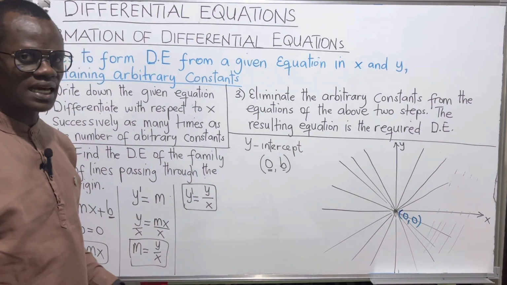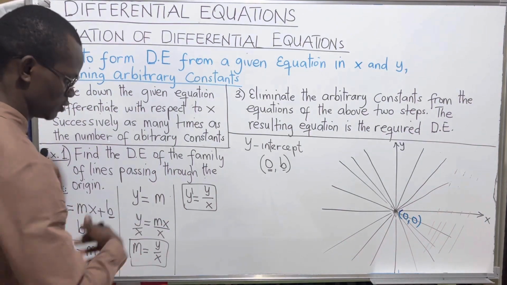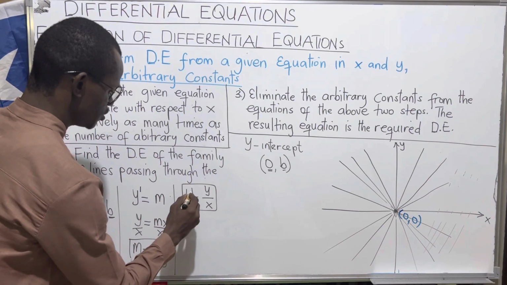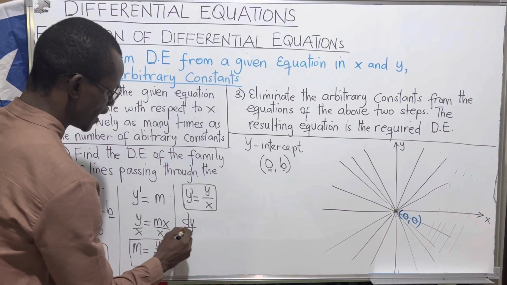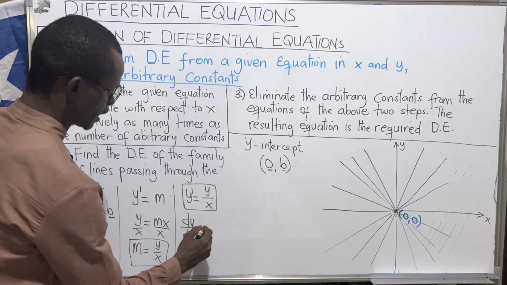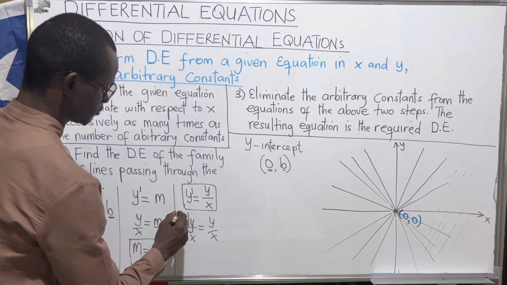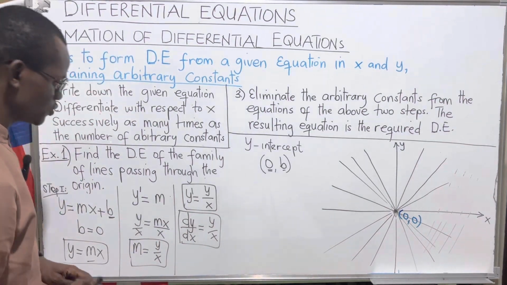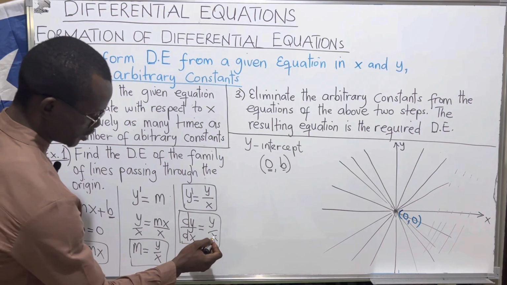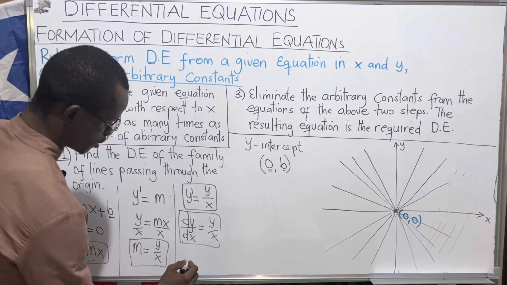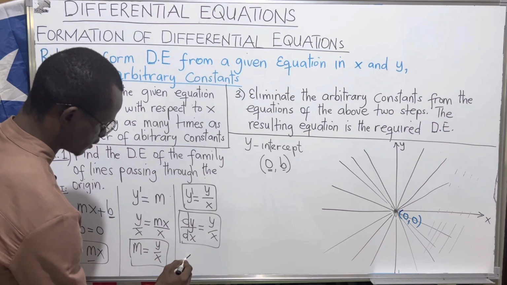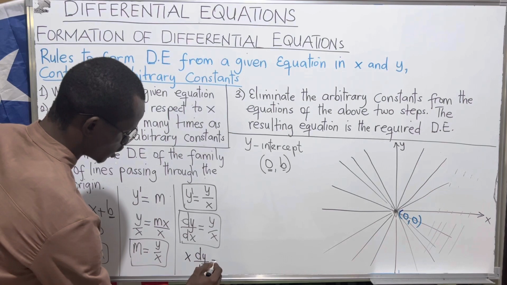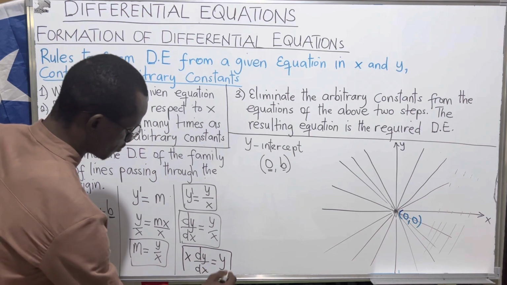There are several other ways that you can write the differential equation, the final answer. You can decide to leave it like this, or you can change this y prime to dy by dx and maintain it like this. Another way, I can multiply this x by the differential notation, so I can say x dy by dx equals y.